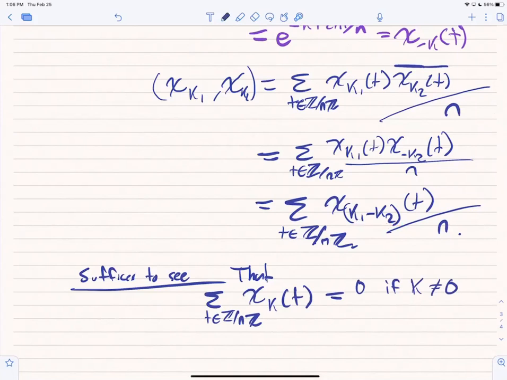And this should be n if k is equal to 0.